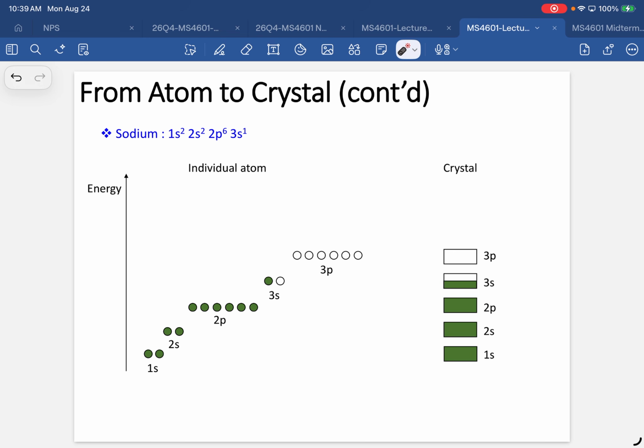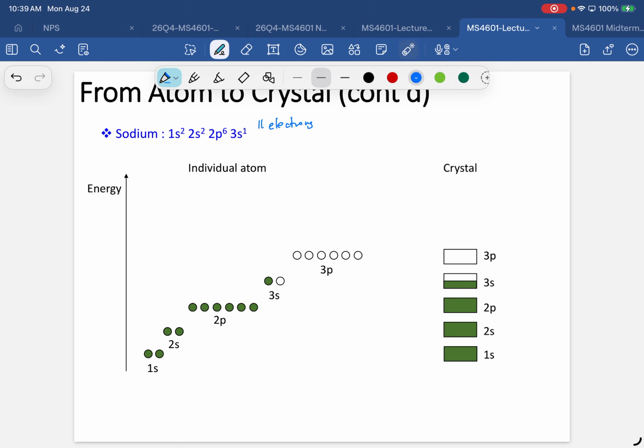And then we have 11 electrons. So let's try to fill those electrons in orbitals. 1s and 2s will be filled, then 2p6, and then the last one will go into 3s, right?